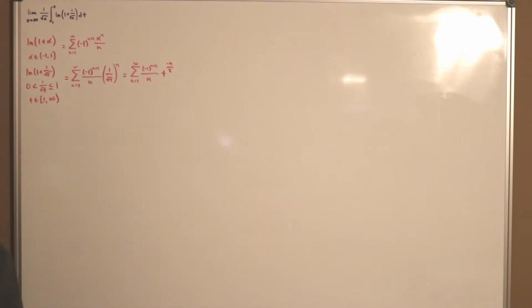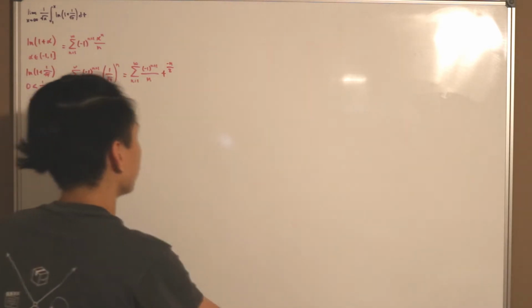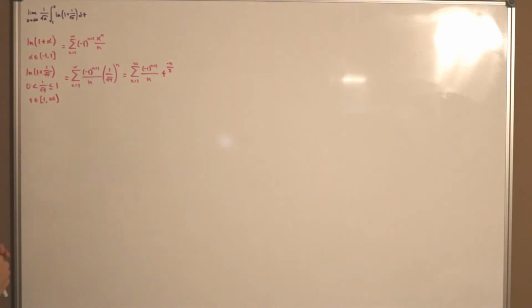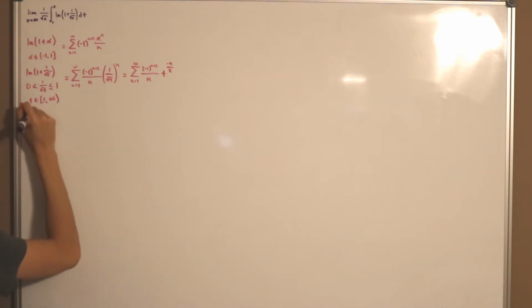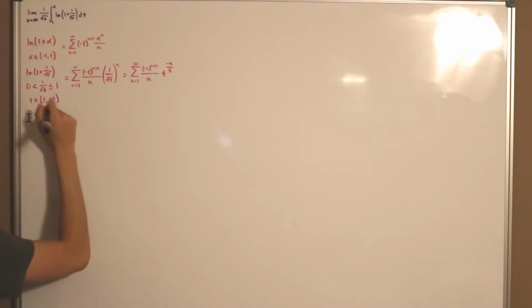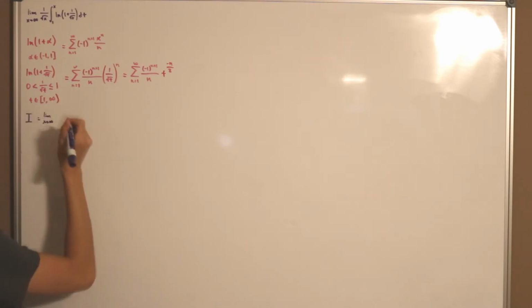And then by using properties of sums, I'm going to rewrite this. I'm also going to define capital I to equal our expression here. So I is equal to the limit as x approaches infinity.